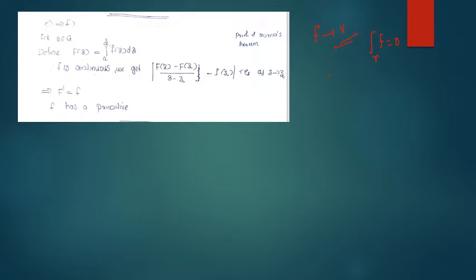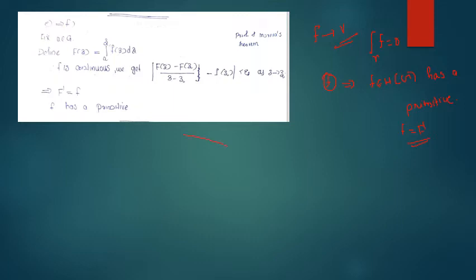Now in option F, we need to prove that every f belongs to H(G) has a primitive, that is, we need to write that this f equals some F dash. So this is what we need to prove.